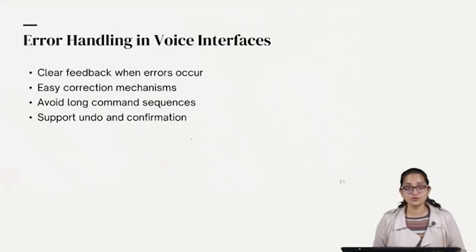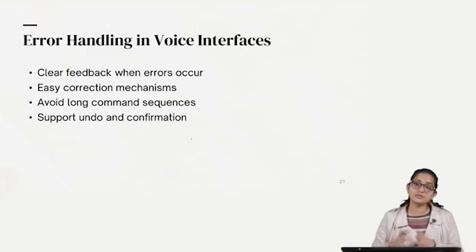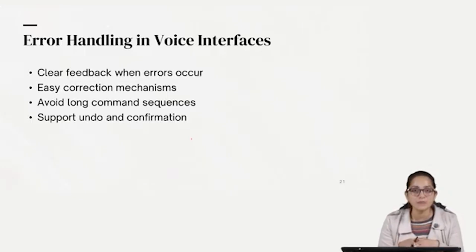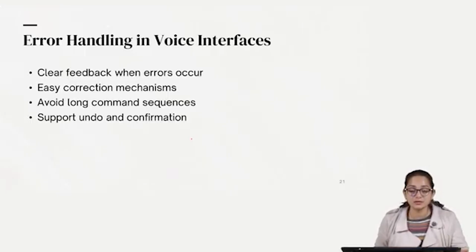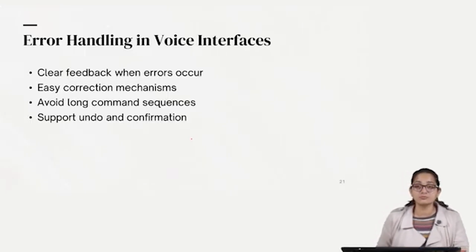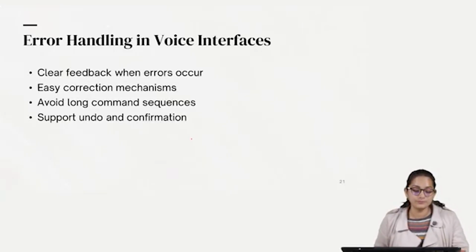How can we ensure error handling in voice interfaces? Clear feedback when an error occurs. The system should clearly tell the user that this command was not interpreted properly, please say it again, something like that. There should be easy correction mechanisms available.